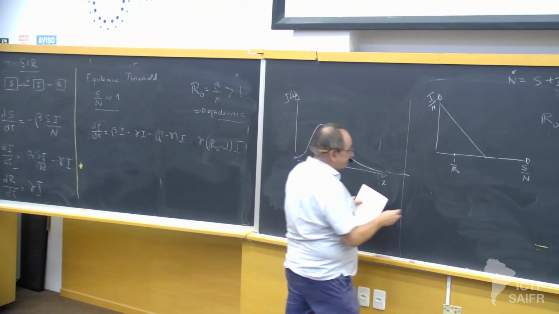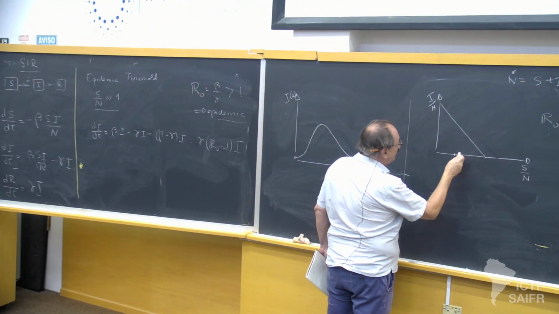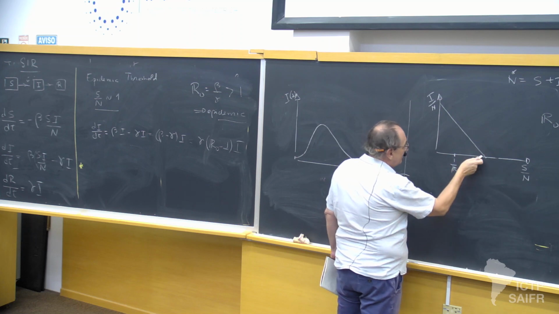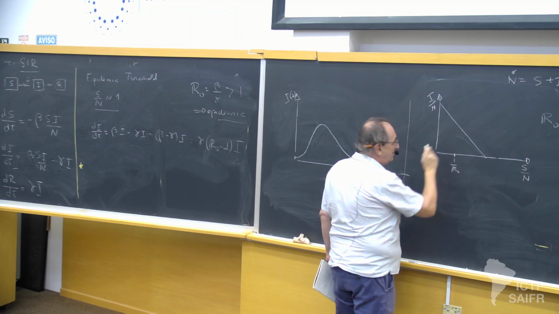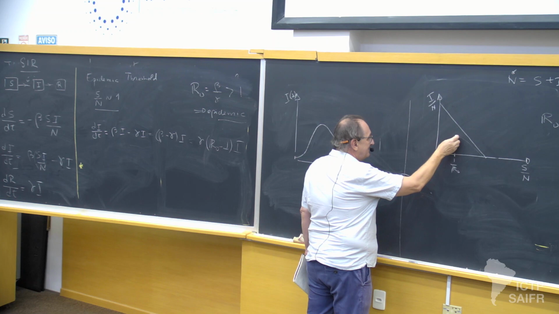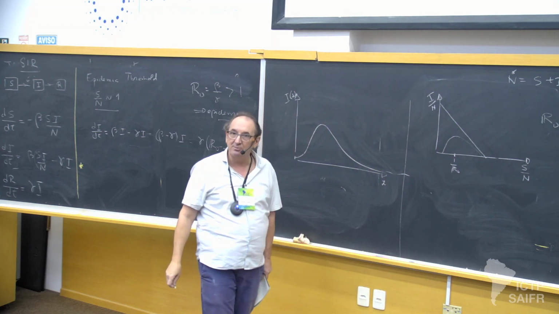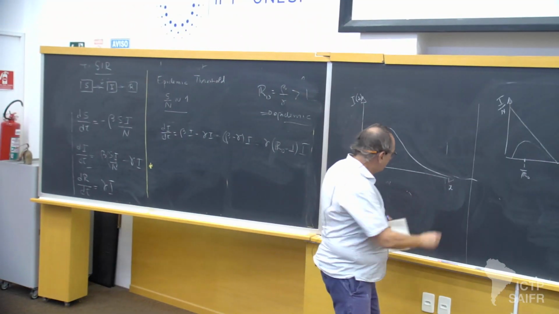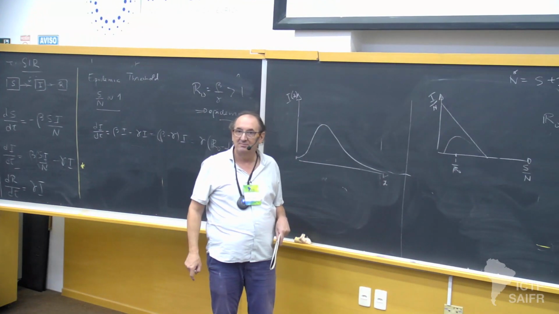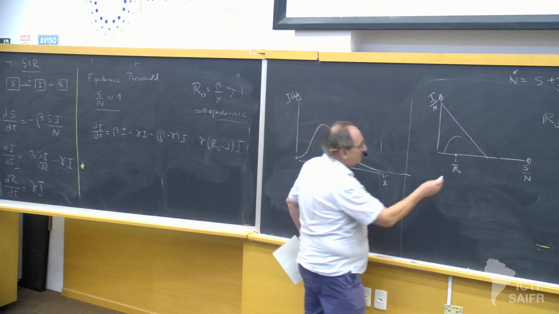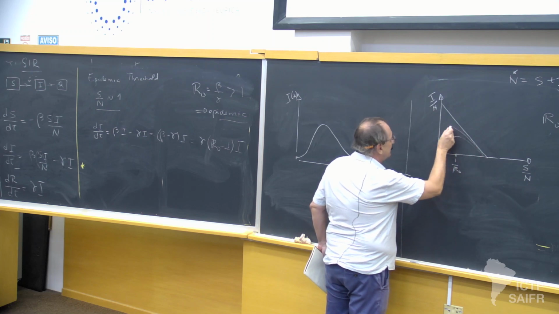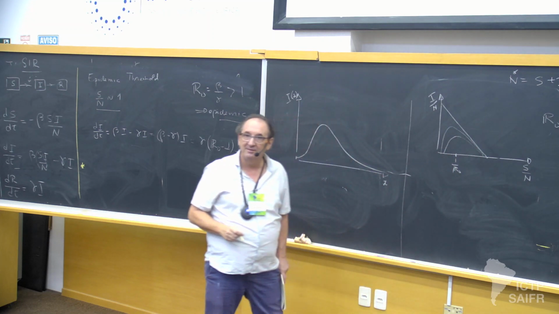Then if you start here, you will grow, and after some time, you will go back. You will go to 0. This one here goes to 0. And then other ones here will do this, and so on.